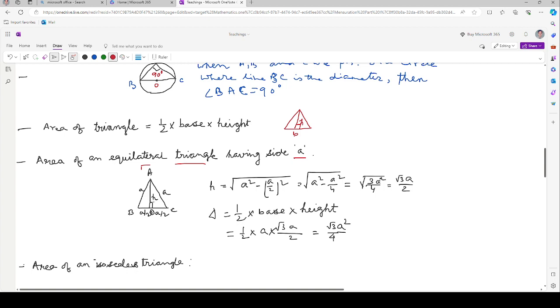How do we prove it? Because this is 90 degrees and this is also 90 degrees, and this is the common side, and these two sides are equal, so this angle equals this angle. So triangle ABD and triangle ADC are congruent to each other, therefore BD equals DC. So D is the midpoint of BC.